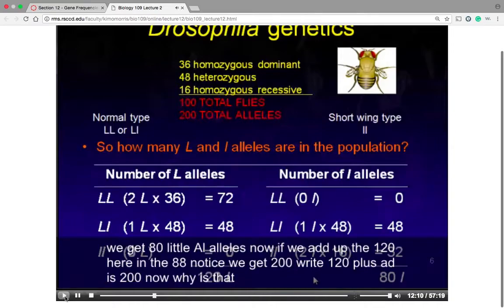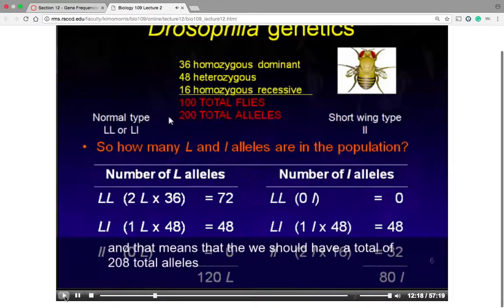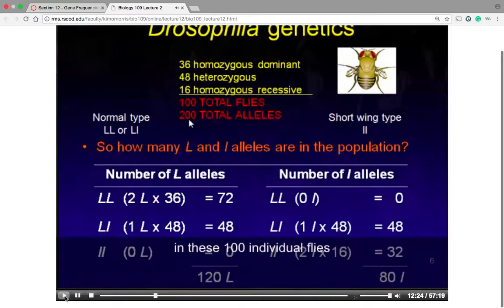Now, why is that? Well, remember, we have 100 total flies, but each fly has 2 sets of chromosomes. That means we should have a total of 200 alleles in these 100 individual flies. Of the 200 alleles, 120 of them are big L's and 80 of them are little l's.